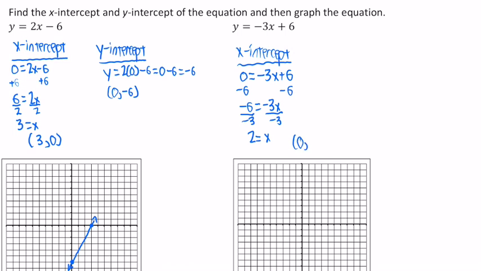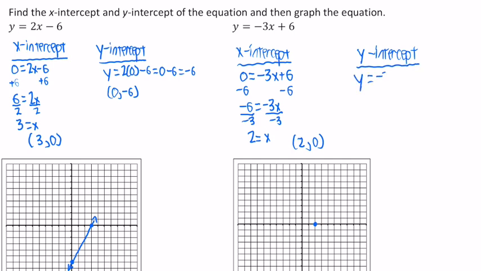So we put in 0 for y, and we got 2 for x. The point (2, 0) will be on our graph. Now we'll do the same sort of thing to find the y-intercept of this equation. When you're finding a y-intercept of an equation, you put in 0 for x.